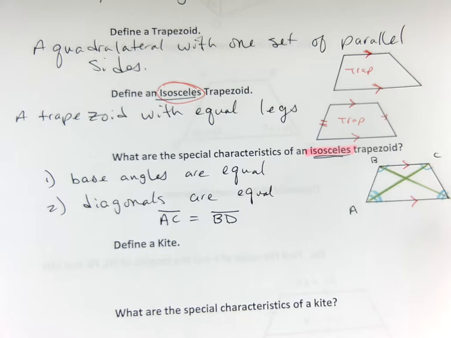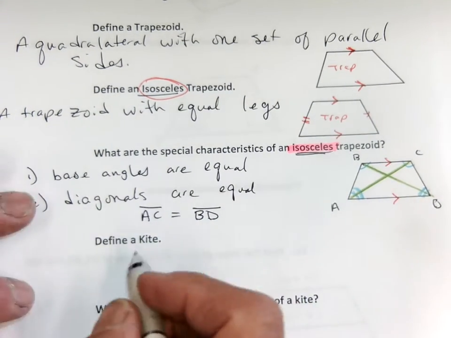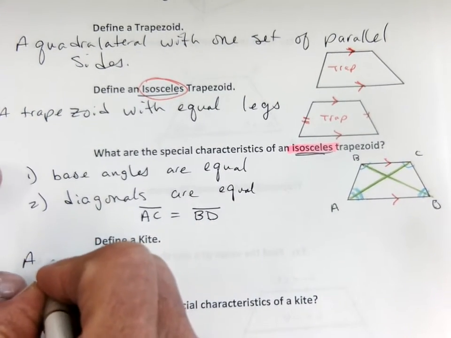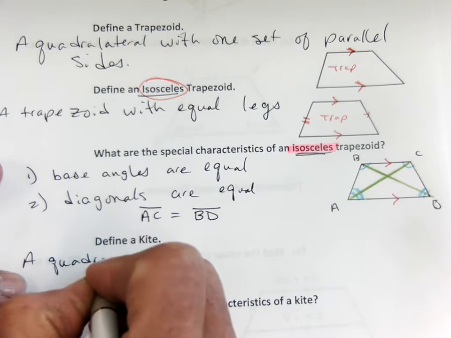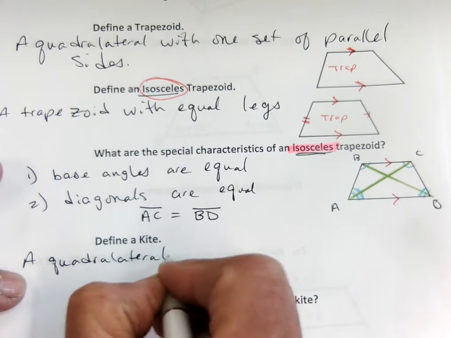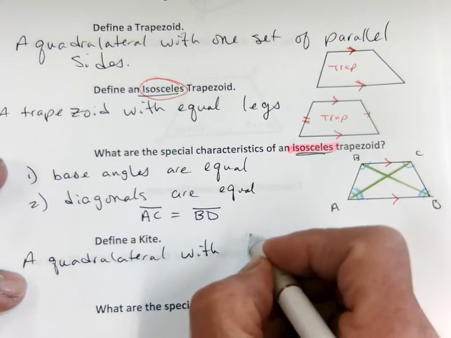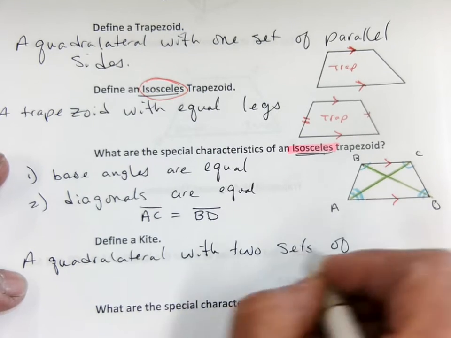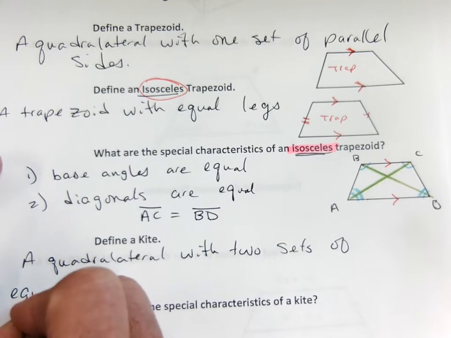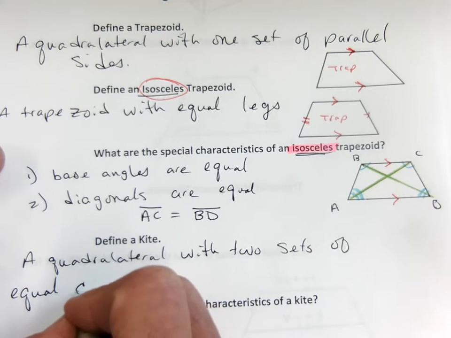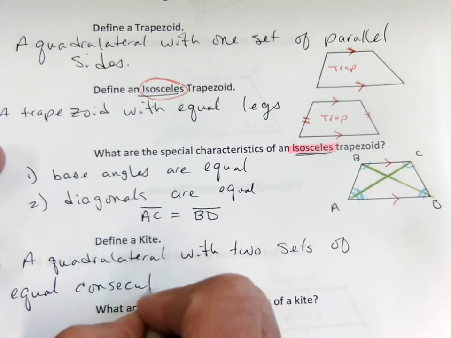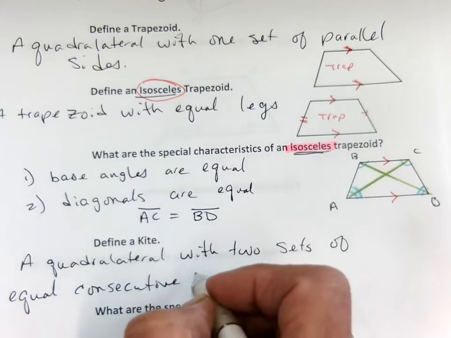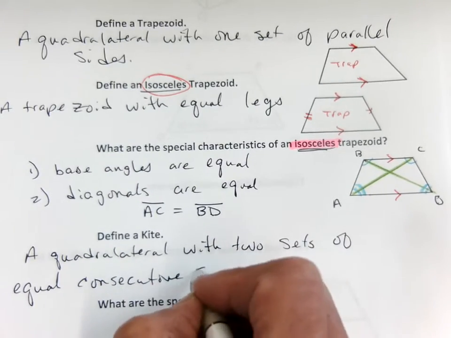Okay? Now, kite. My template does not draw a kite, so I have to try and draw a kite on my own. They're kind of hard to draw, but it is a quadrilateral, a four-sided figure, a quadrilateral with two sets of equal consecutive sides, with equal consecutive sides.